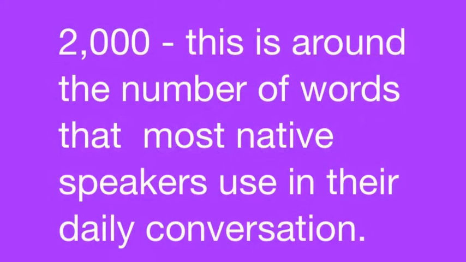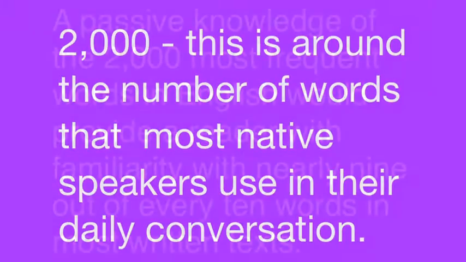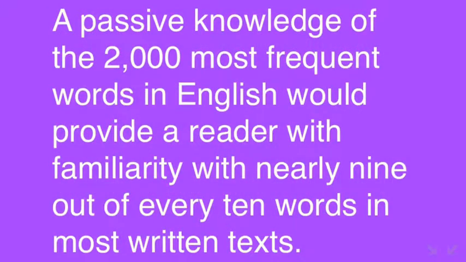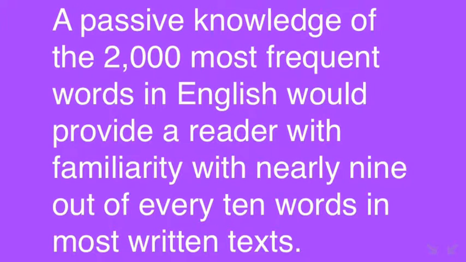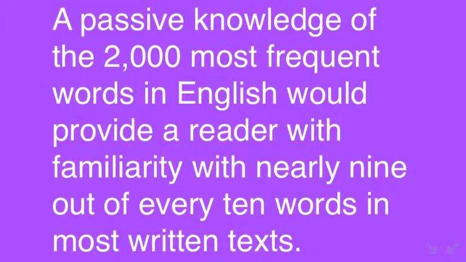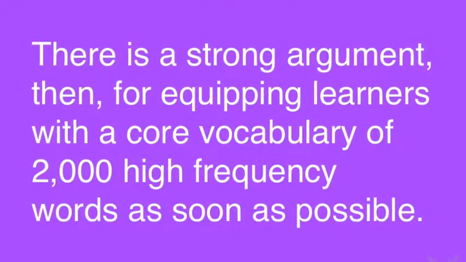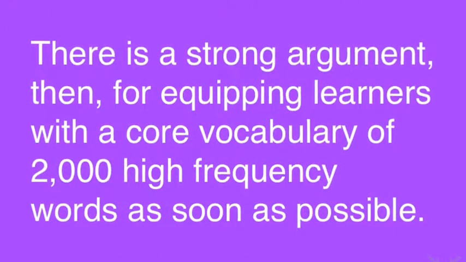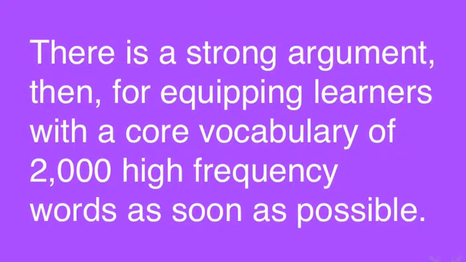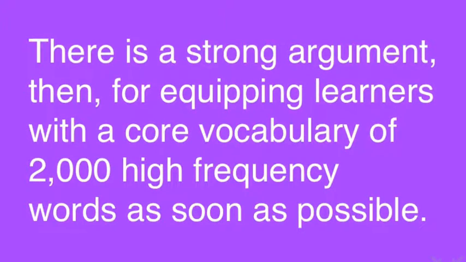The second is that most native speakers use around 2,000 words in their daily conversation. And the third is that the 2,000 most frequent words in English make up nearly 9/10 of the words in most written texts. Thornbury concludes from this, and I have to agree with him, that there is a strong argument for equipping learners with a core vocabulary of 2,000 high-frequency words as soon as possible.